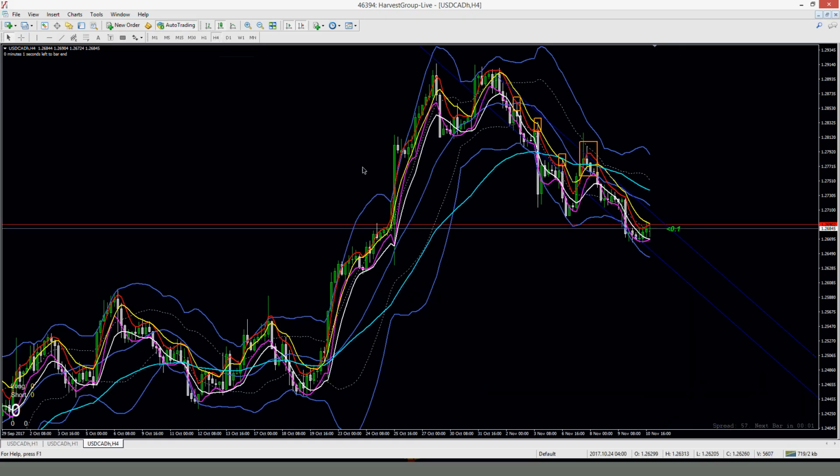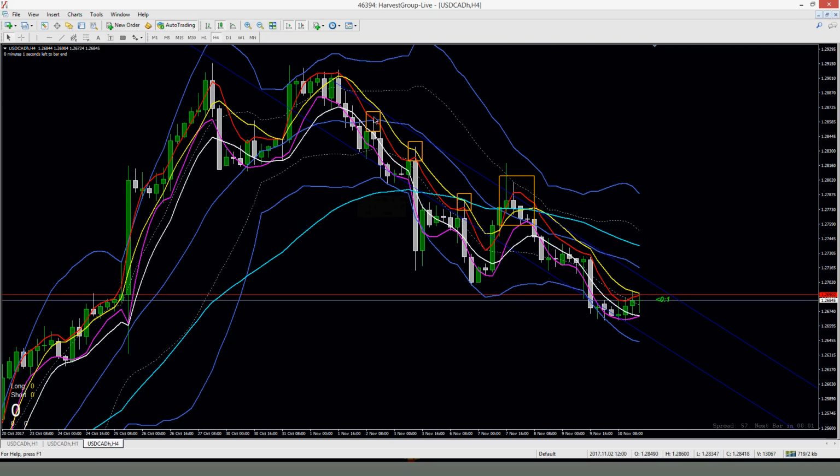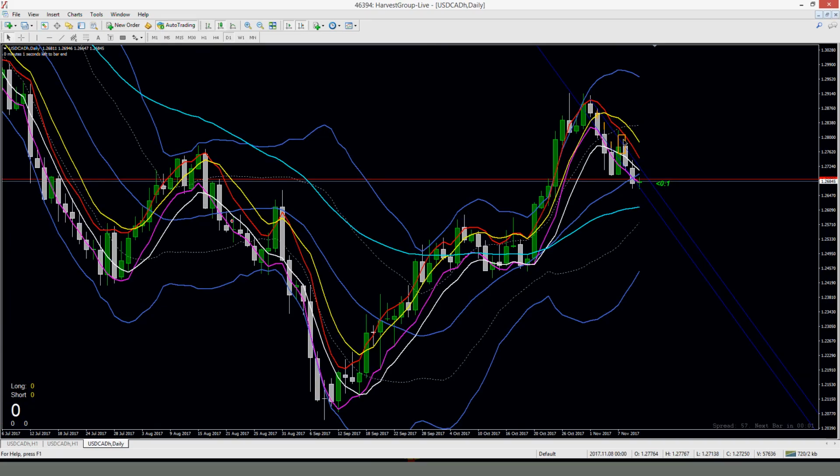Okay, so let's check H4 first. As you can see here, on H4 you have re-entry sell, re-entry sell, re-entry sell, and you see there's a re-entry here because the candle rejected division 1. But if you look at D1, this is probably a re-entry sell on a D1 level.